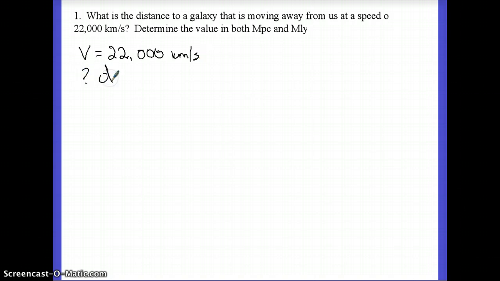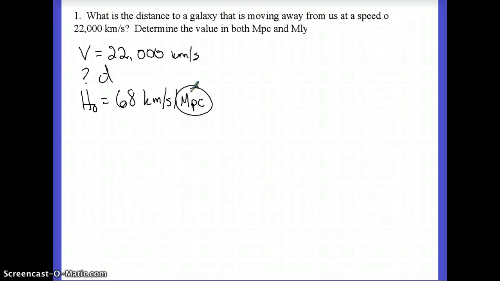Now, I didn't give you a Hubble constant here, so we're going to use our best value of the Hubble constant. That is 68. And we're going to find our answer in megaparsecs. I know my answer is going to come out in megaparsecs because that's the units that I see on the Hubble constant. And most of the time, the problems that I'm going to give you, you're going to do it in megaparsecs, but book problems, your book happens to like mega light years.